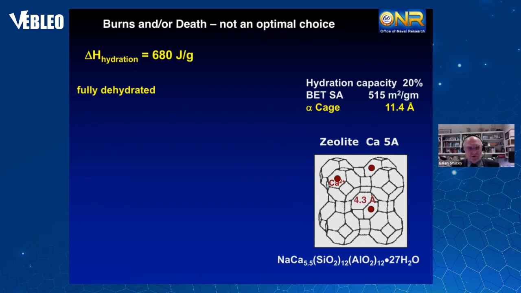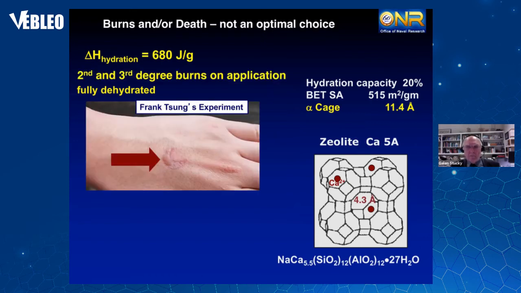And the consequence of that is you get second and third degree burns when you apply it to the skin. So this went in the field, and it can stop the bleeding, but it also gives you second and third degree burns when applied. And so that was not an optimal choice.